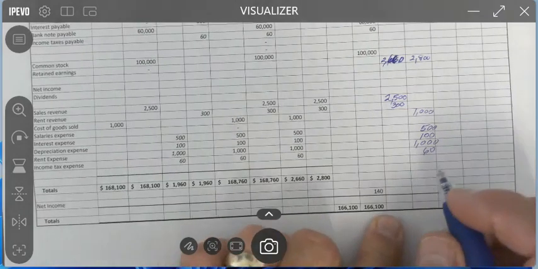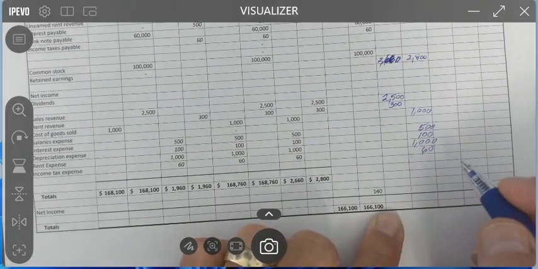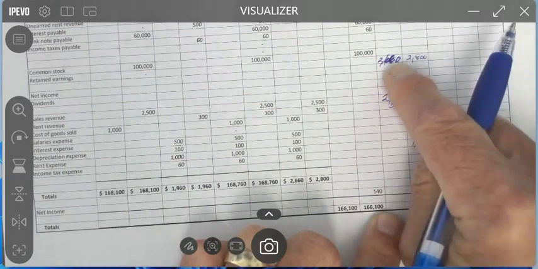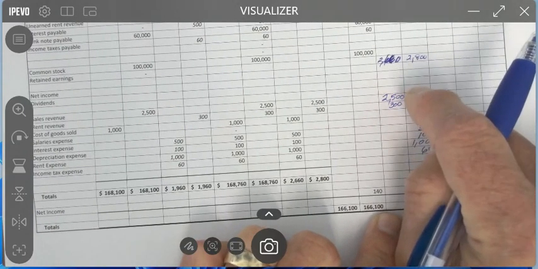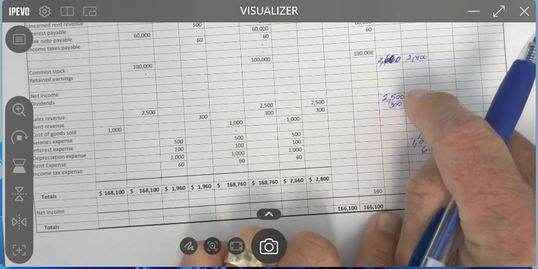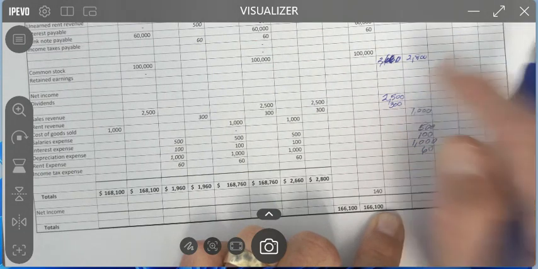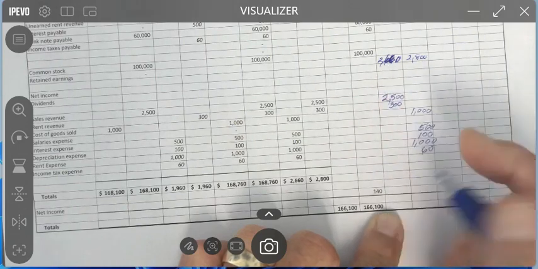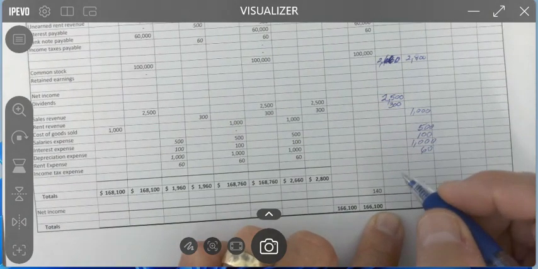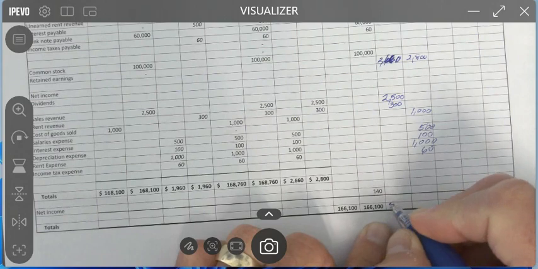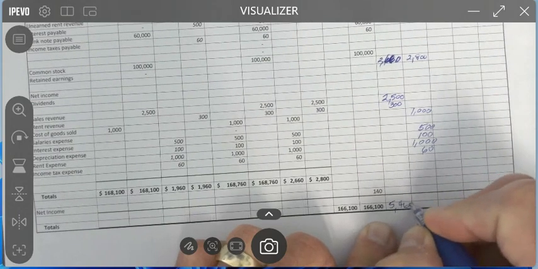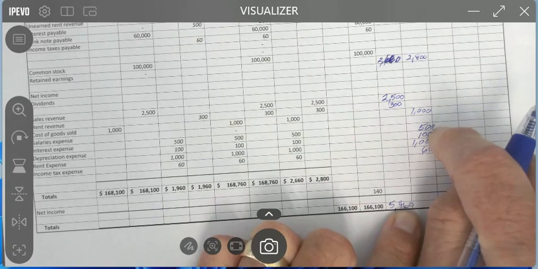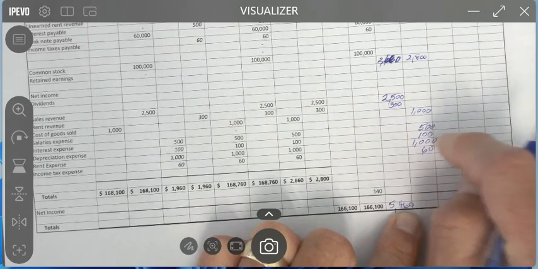And if you add up these columns, you have $26.60, $51.60, $54.60, and on the credit side, you have $3,800, $4,300, $4,400, $5,400.